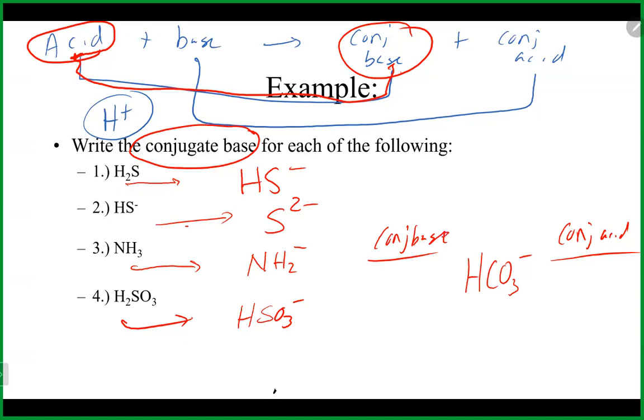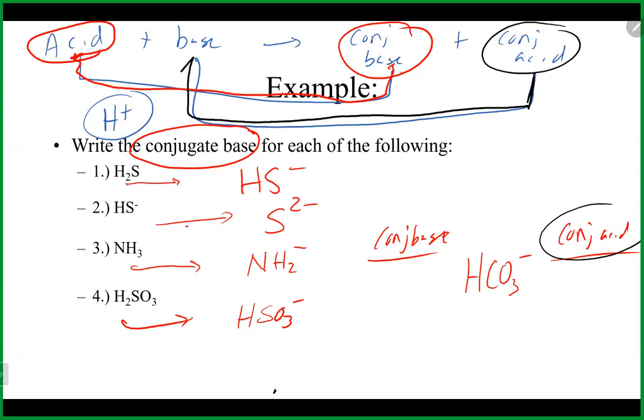We'll start with the conjugate acid. Once again, if you're not sure, if we go backwards and find its partner, that's basically a base. And the definition of a Bronsted base is it will accept an H plus. So in this case, we're going to add an H plus to this guy, and that will give us H2CO3.